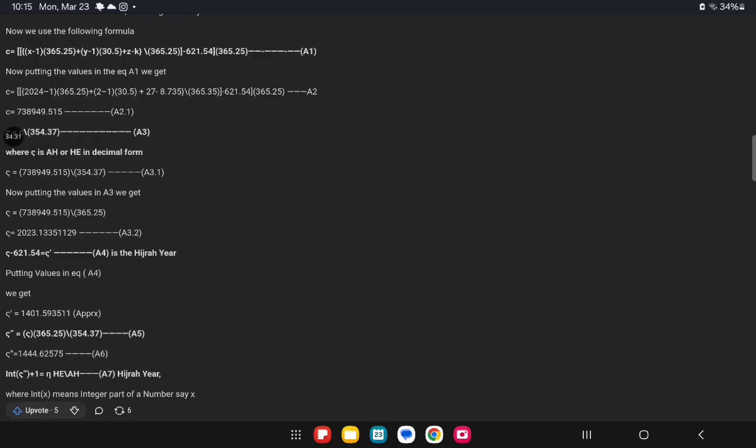Then C is the lunate. Then the lunate sigma is 300 C divided by 354.37, which is supposed to be the decimal form of the Hijri year number. I mean AH or HE in decimal form.